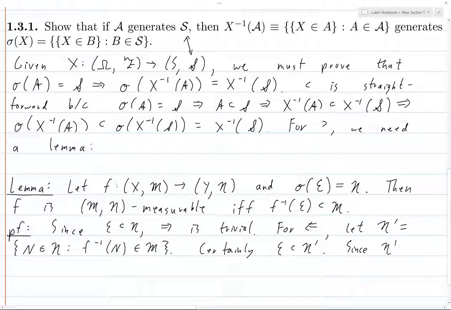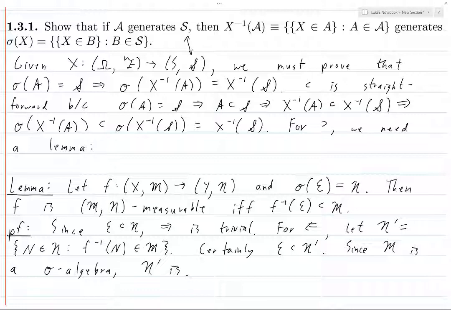Since M is a sigma algebra, N prime is. And this is something that, again, I don't know if this has been proven, but why is this true?